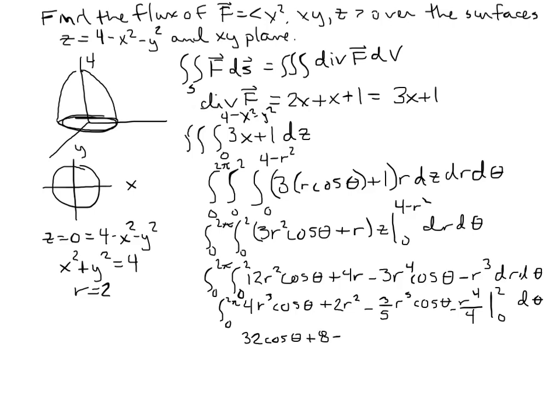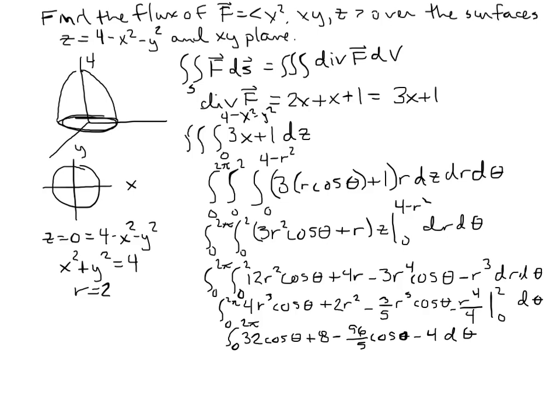Minus, let's see, 2 to the 5th is going to give us 32 times 3. I think that's 96 fifths cosine theta. And 2 to the 4th is 16 divided by 4, so that would be a minus 4. I still have to integrate from 0 to 2 pi.